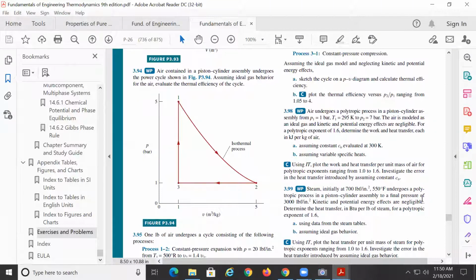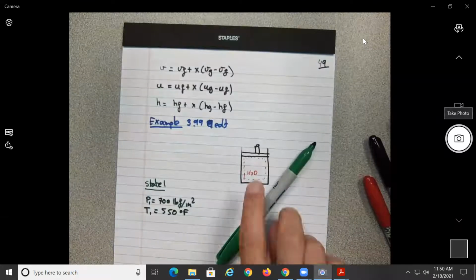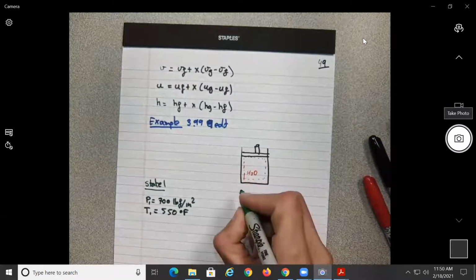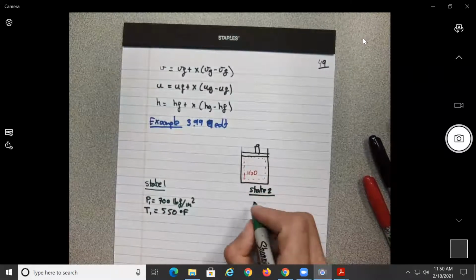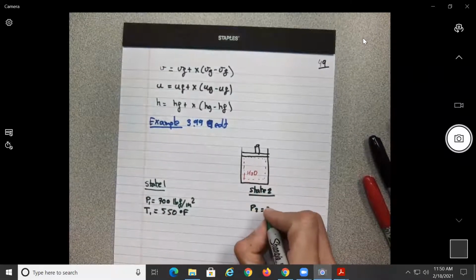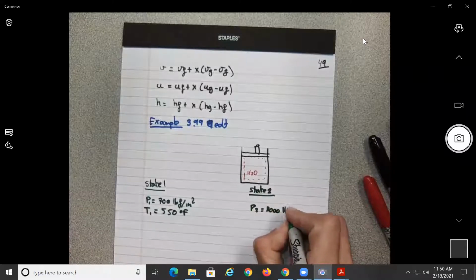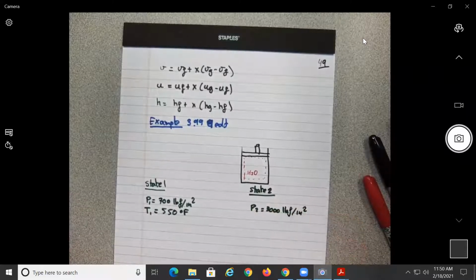And it goes to a final pressure of 3,000. So state 2, P2 equal to 3,000 lbf per square inch.